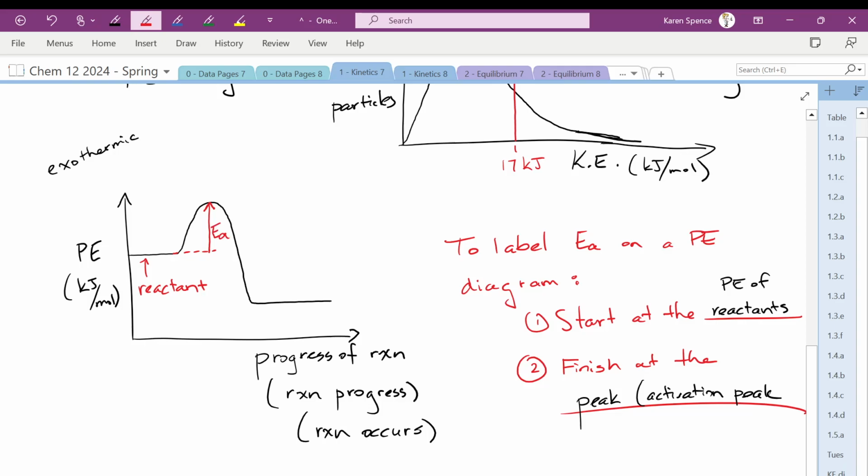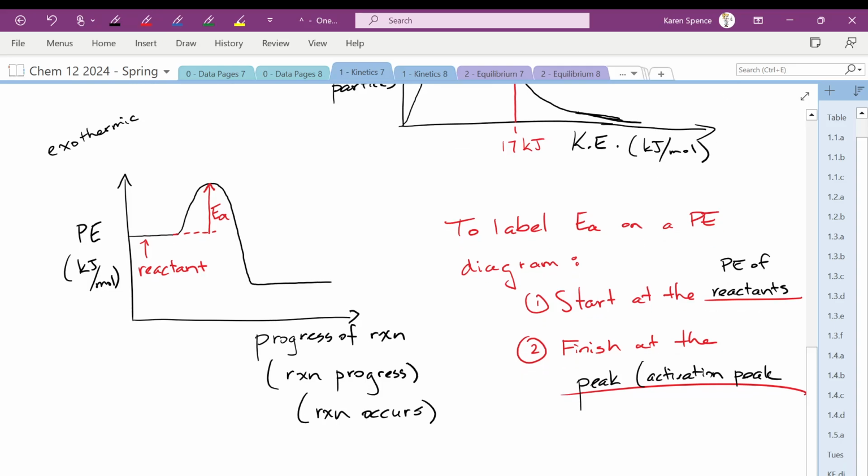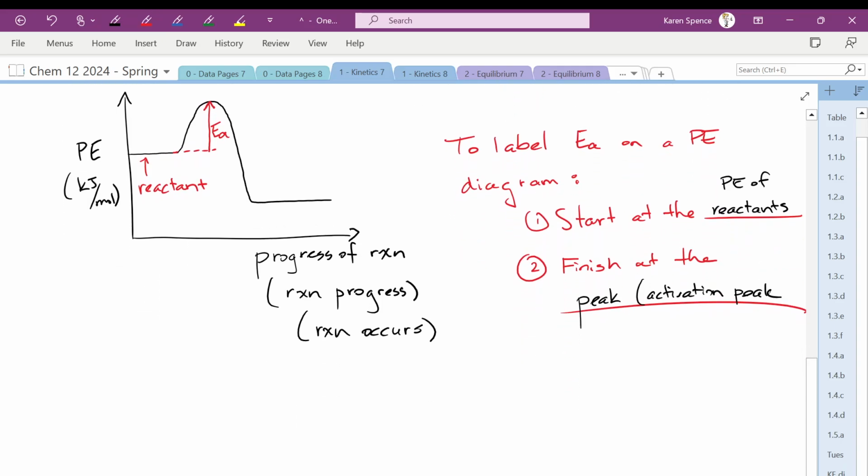Is that good? Okay. Shall we relate these two diagrams to one another? Wouldn't that be fun? So what if I had, this time I'm going to do an endothermic reaction, okay, just for fun.